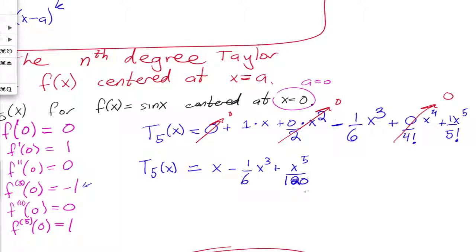What would T7 look like? x to the 7th over 7 factorial, right? Would it be positive or negative? Negative. And then after that, if you keep going, what would the next one be? 0 for x to the 8, so positive x to the 9th over 9 factorial.